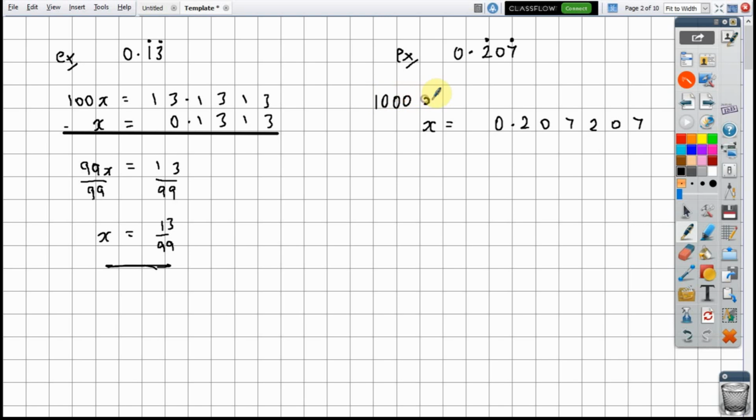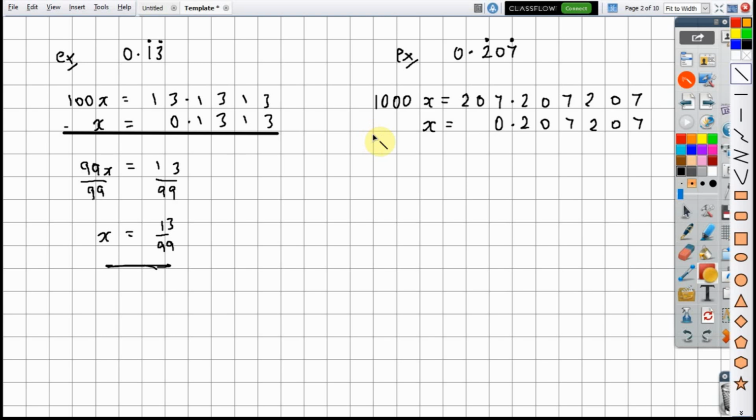So 1,000x equals, now this 2 won't jump into the tens or the units, it'll jump into the hundreds. So what we've got is 207.207. Everything's moved 3 columns. The 207 that's out there will jump into there.